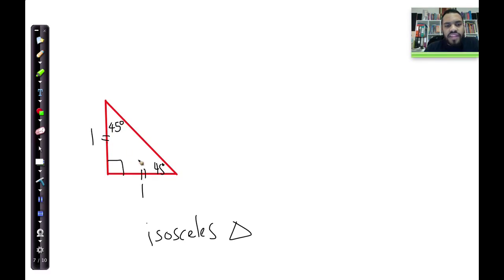And this here, Pythagoras tells me this is equal to the square root of that squared, which is 1, plus this squared, which is 1, so 1 plus 1, which is root 2. Now these are the sine of 45 degrees. Well, opposite 45 is going to be 1, and the hypotenuse is root 2.